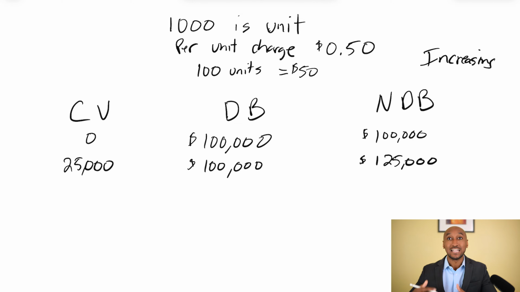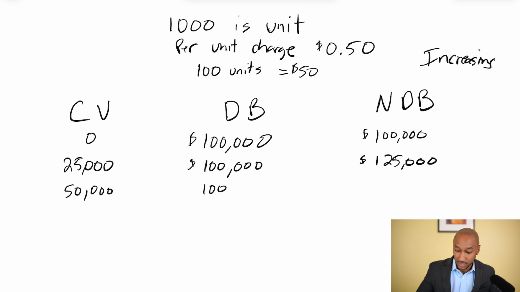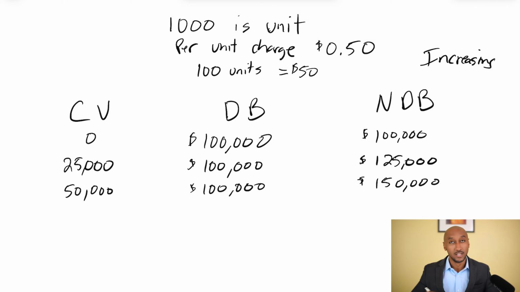$125,000. So it is increasing. My death benefit increases by the value of my cash value. So if my cash value grew to $50,000, I still have the $100,000 here. That doesn't change. Now my net death benefit is $150,000. So it's pretty straightforward. It doesn't make a difference. So my cash value could be $310,000.